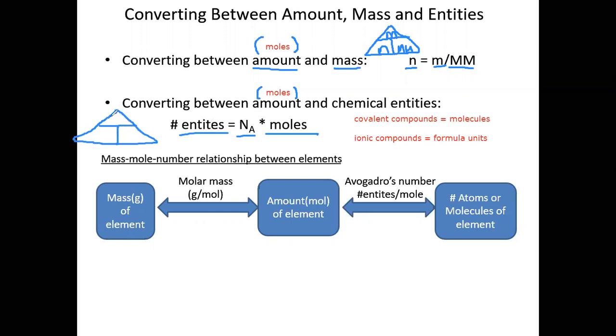So we have number of entities on top, we have moles on the bottom, and Avogadro's number on the bottom.